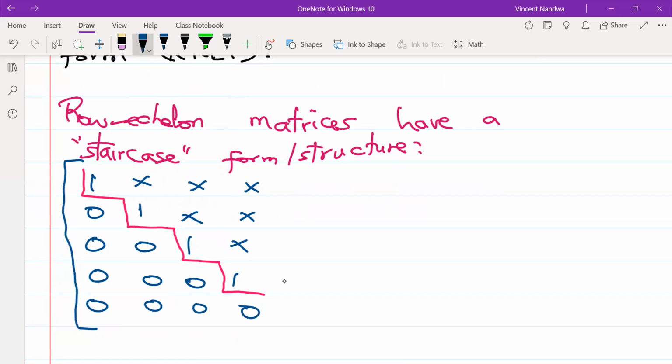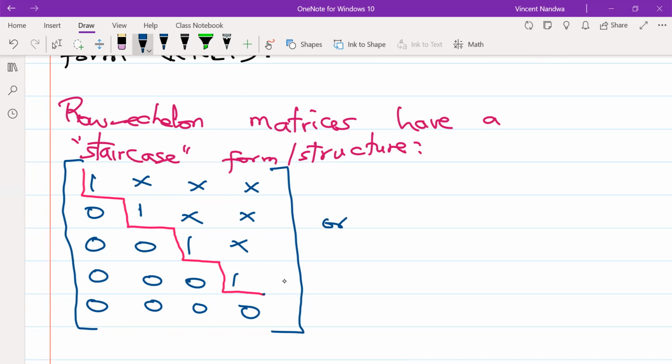Not all matrices will produce this, but the idea is that we will always have this kind of a stair, such that once we have a leading one in any given row, then all the elements below the leading ones are 0. And we have this structure.